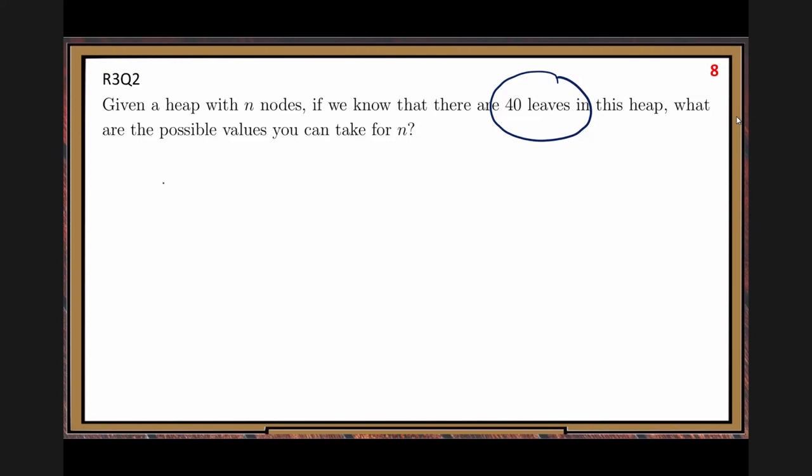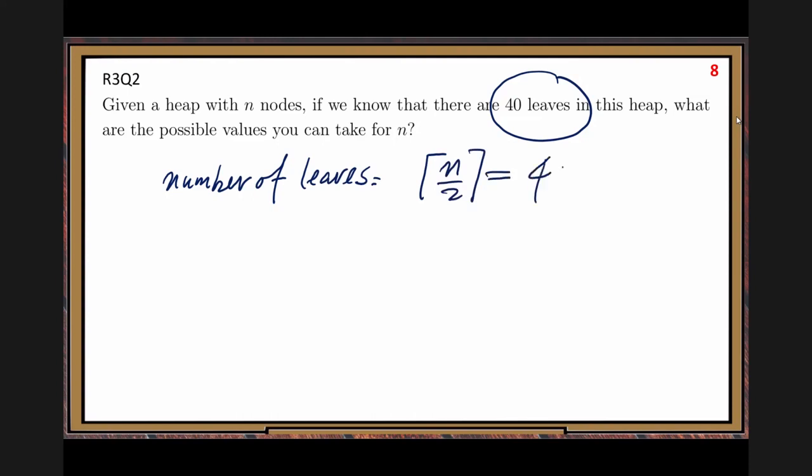Number of leaves: ceiling function n over 2. This number equals 40.